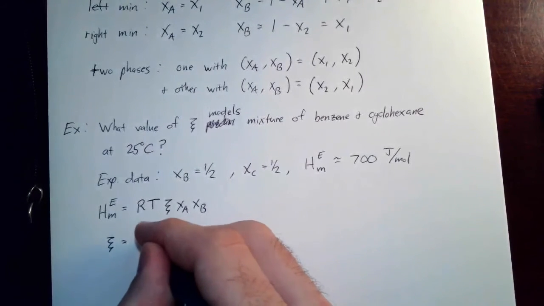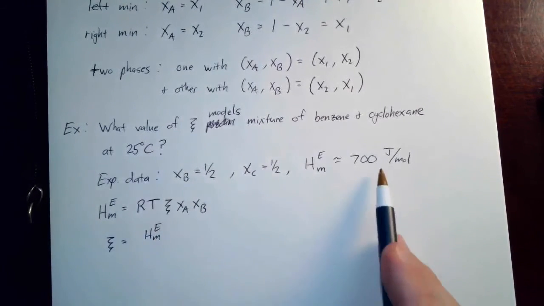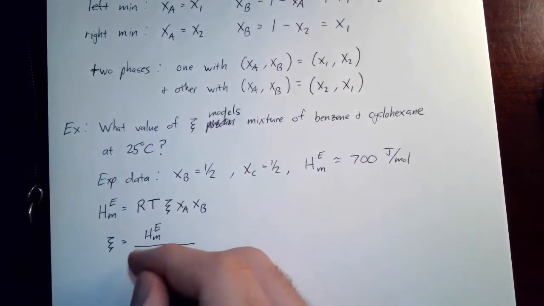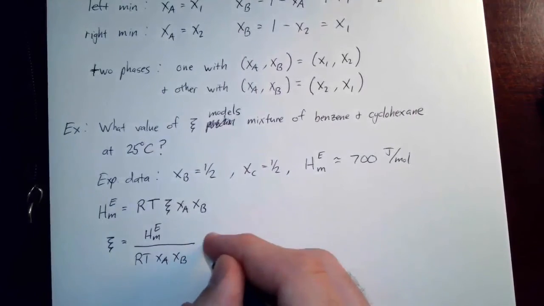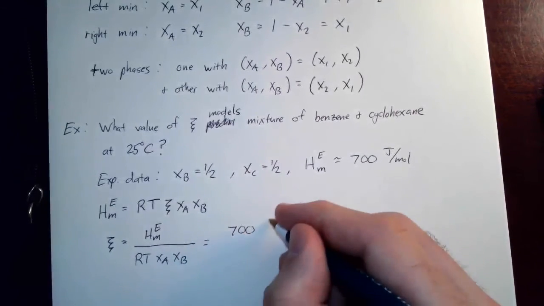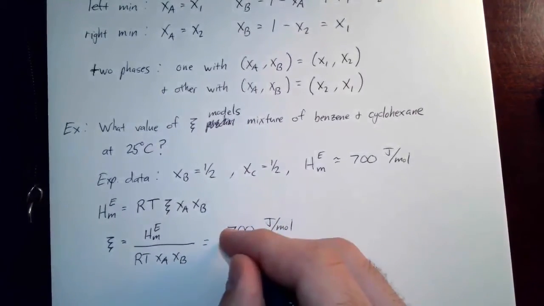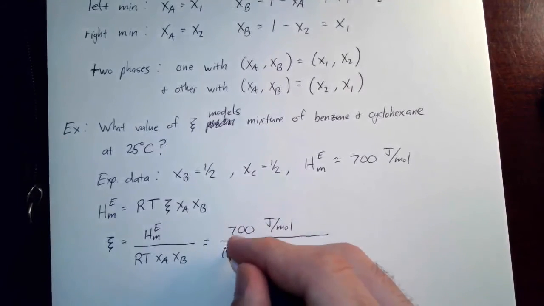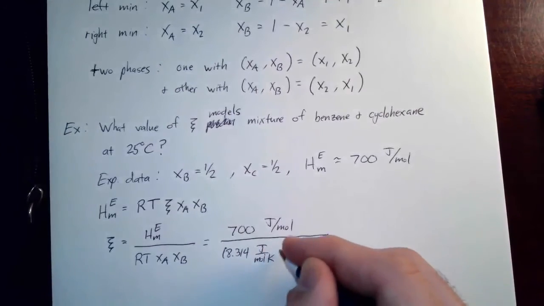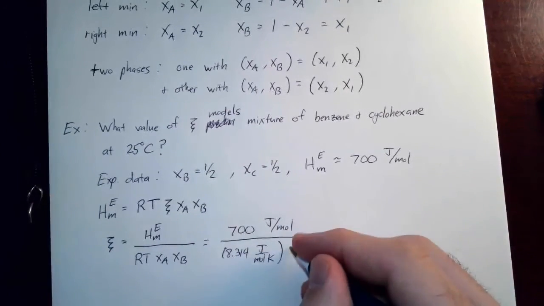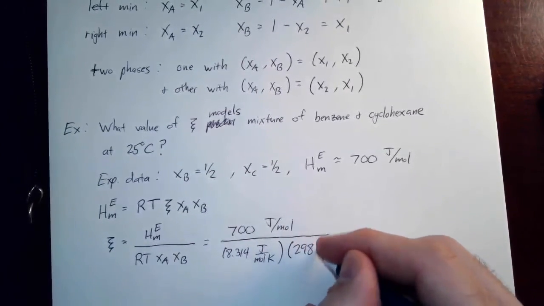And now I can solve this for C because I know all the other values. So C is HME, which was 700, over RT XA XB. So plugging these numbers in. T, we said, was 25, so 298 Kelvin.